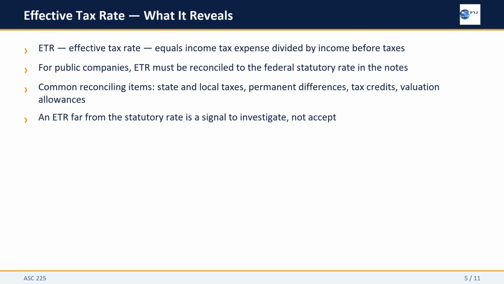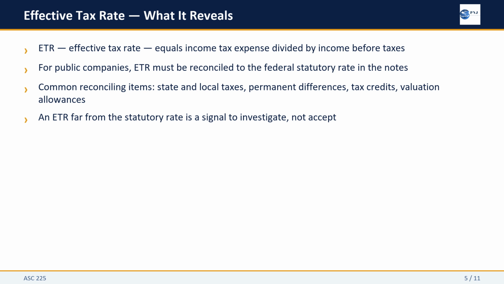The ETR, effective tax rate, is income tax expense divided by income before taxes. It tells you, at a glance, whether the tax burden is in a range that makes sense given the entity's operations and jurisdictions. For public companies, U.S. GAAP requires a rate reconciliation in the notes, walking from the federal statutory rate to the actual ETR.